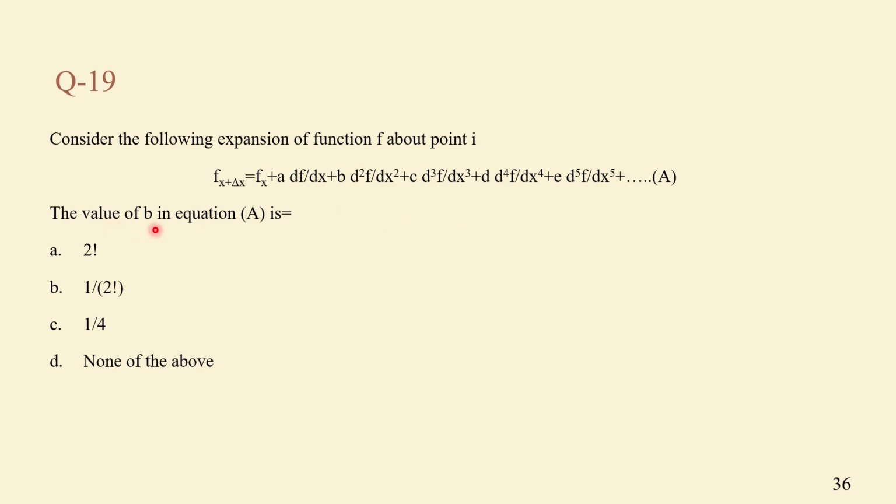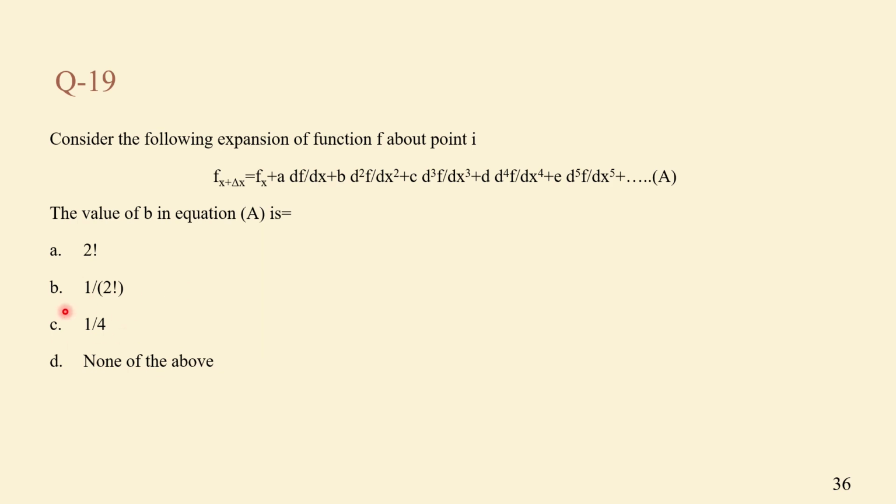So the value of b would be 1 by 2 factorial. In addition to that, we would be getting delta x square as well, which is missing in this particular equation. So the value of b in equation A is 1 by 2 factorial into delta x square. Since option A is 2 factorial, it is wrong. Option B, 1 by 2 factorial, is also wrong.